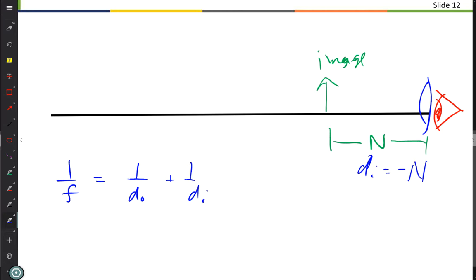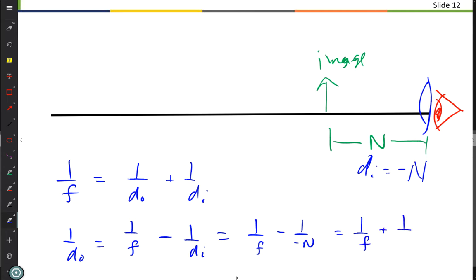And so that means that the distance object is equal to 1 over f minus 1 over distance image, which is 1 over f minus 1 over minus n, or 1 over f plus 1 over n. So that's how I calculate the distance object.